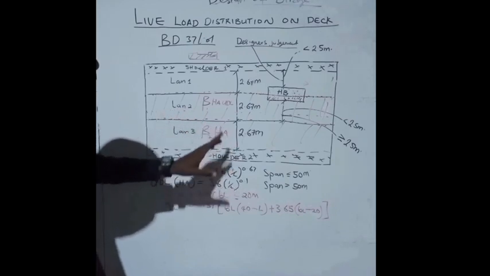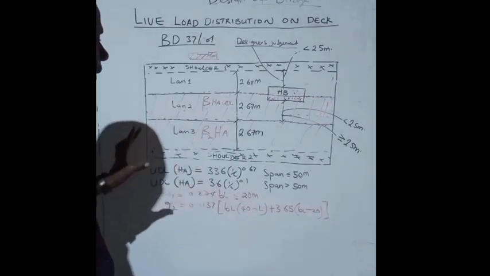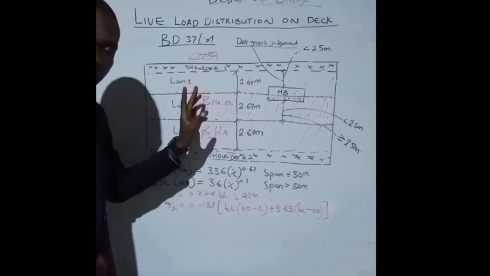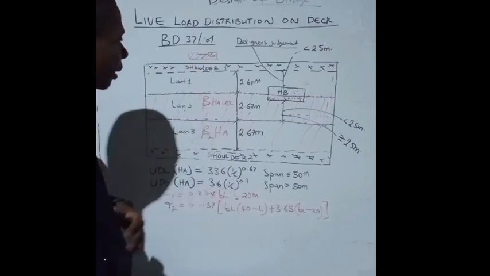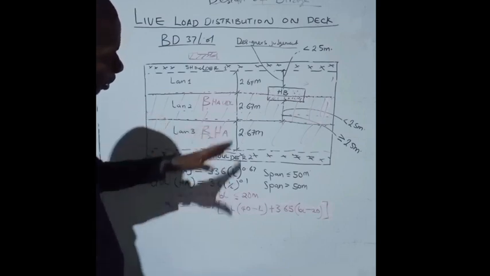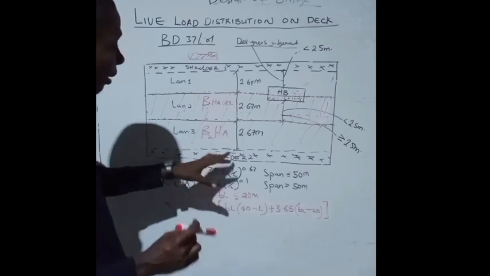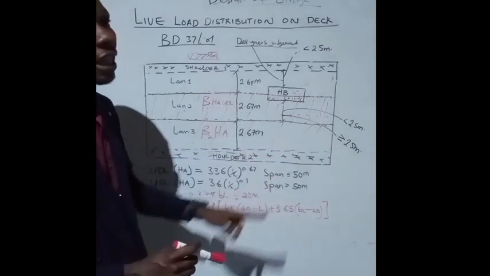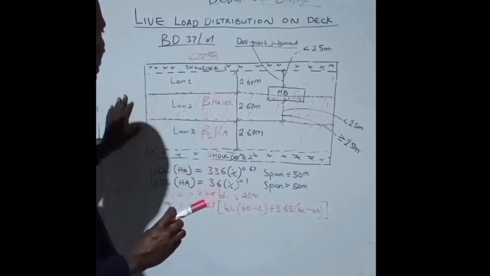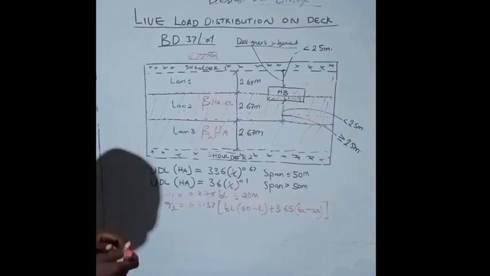But remember that your knife edge load is a line load, a point load that is going to be acting perpendicular to the longitudinal direction of your bridge deck. So you are going to vary it along the span of the bridge to get the critical moment for shear and for moment in your design. So now we've seen all these things.